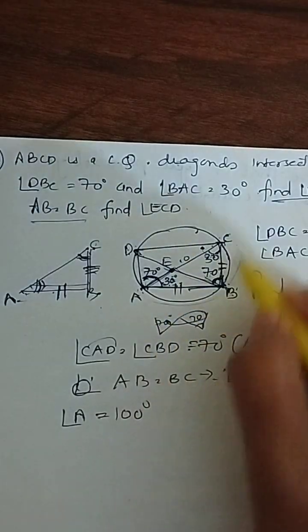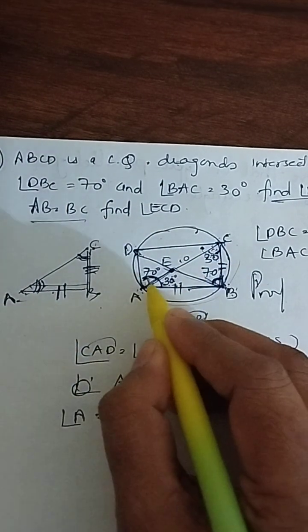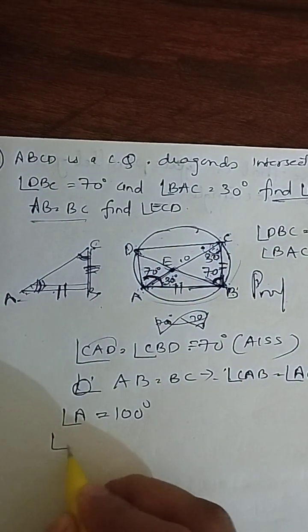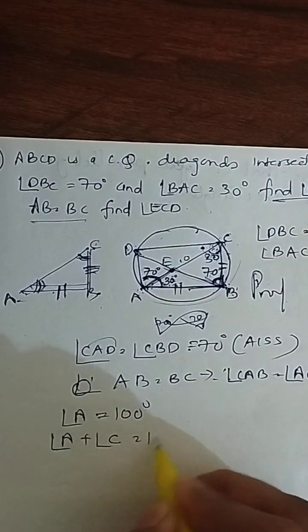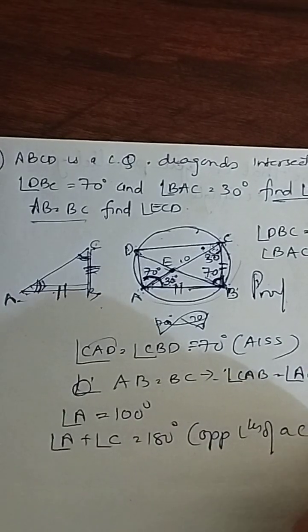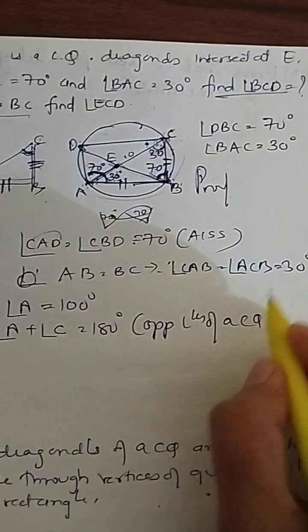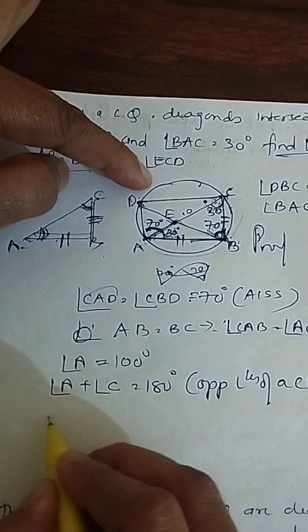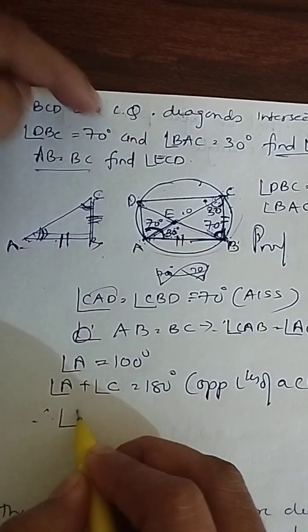Now this one is a cyclic quadrilateral. Opposite angles are supplementary. Angle A plus angle C is equal to 180, opposite angles of a cyclic quadrilateral. So what is angle BCD equal to?